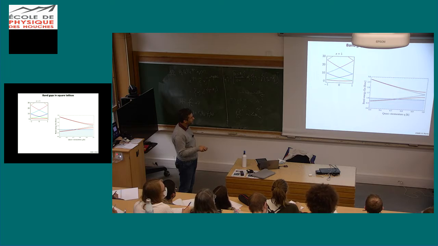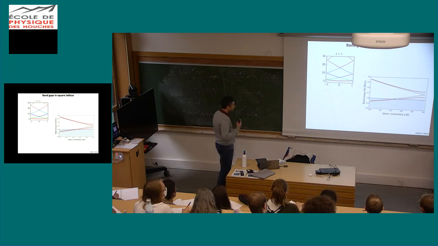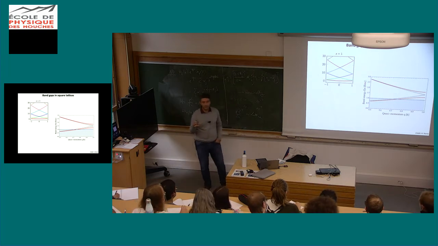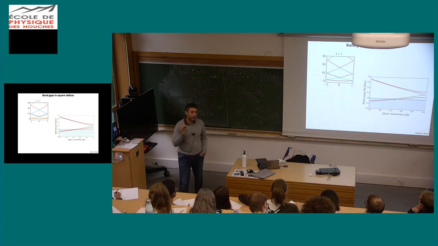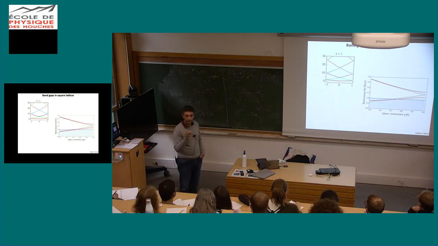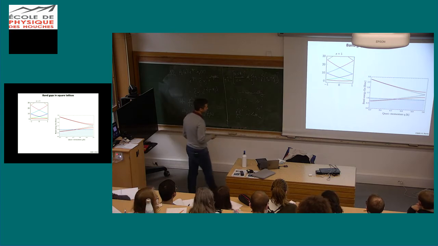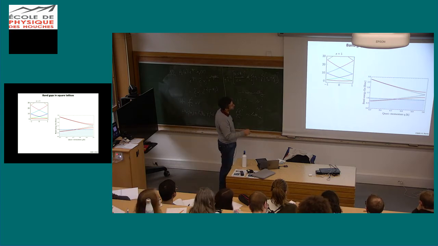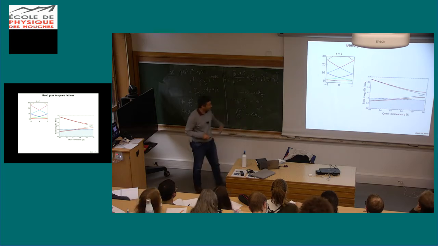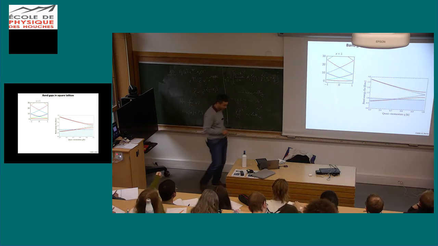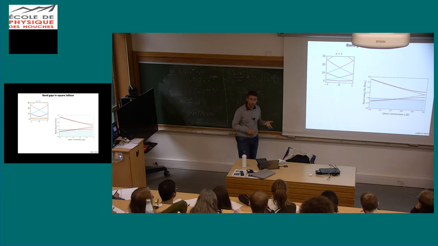So you have the lowest band and the first excited band, and you see that there is a gap which opens. If you are looking at a 1D lattice, the gap opens as soon as you have a non-zero lattice amplitude. So actually, I put here 1, but I could have put 0.1, and we would still have seen a gap, of course of smaller amplitude. But as soon as you have the lattice, you have the gap.